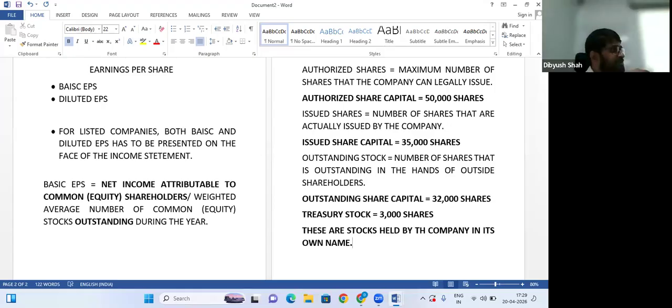In India, when you buy back the shares, you have to cancel them. In the US and most Western European economies, you can hold treasury stocks and maybe resell them in the market later. So generally there can be a difference. A lot of times, when you read a balance sheet, there is a difference between issued share capital and outstanding share capital. We need the weighted average number of outstanding stocks during the year. We don't need issued, we don't need authorized. So you have to be very clear with this. All right, please note it down till here.